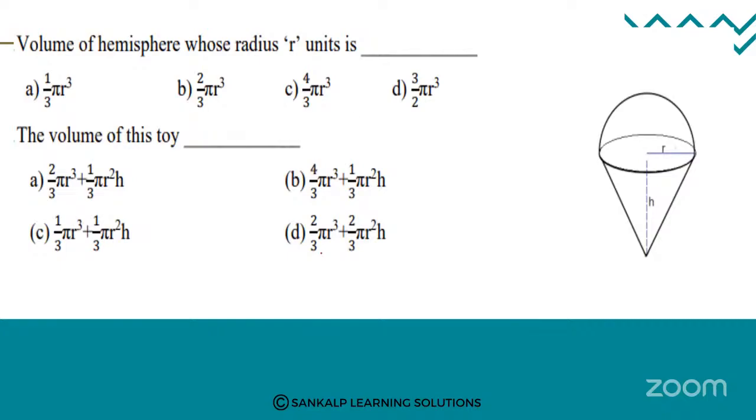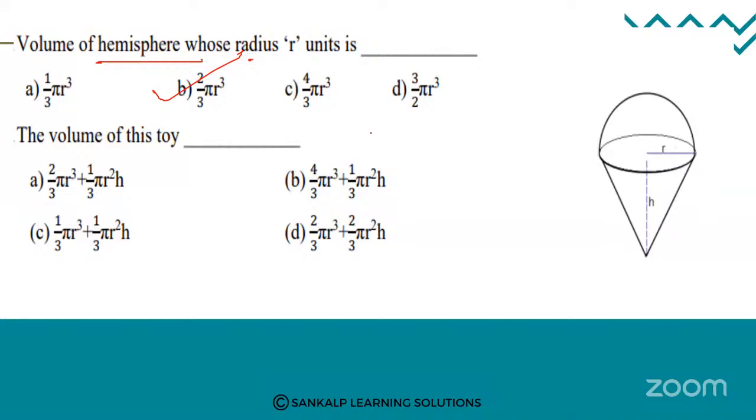The volume of the hemisphere whose radius is r is 2 by 3 pi r cube. Now the volume of this toy. This toy has one cone and one hemisphere mounted on the cone. Therefore, the volume of the cone is 1 by 3 pi r square h and the volume of the hemisphere is 2 by 3 pi r cube.